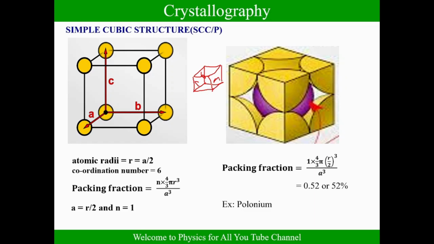Alpha, beta, gamma are the angles between the respective two axes. These are commonly called lattice parameters.